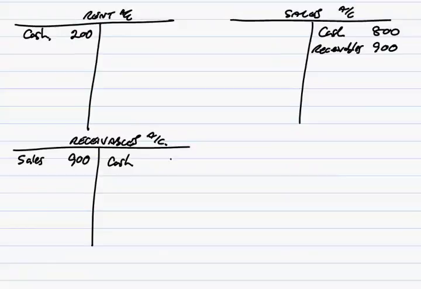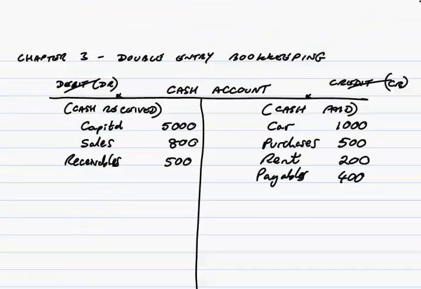How much was it? 500. Finally, Christine withdraws 100 from the business. Christine, remember, is the owner. Anything she takes out is withdrawals. She's taken out 100, it's cash, so credit cash 100. We'll debit an account for withdrawals.